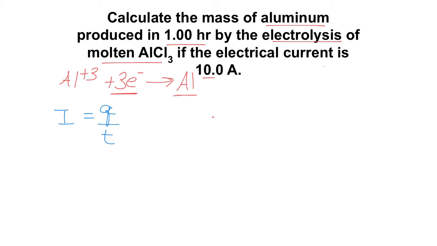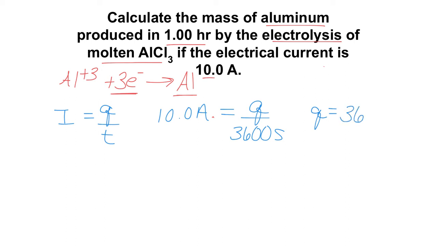So I know my current, that is 10. Again, I am looking for the coulombs, and my time is 1 hour. So 1 hour would be equal to 60 minutes, 60 seconds in a minute. So that would be 3,600 seconds. So then Q would be 10 times 3,600. So it would be 36,000.